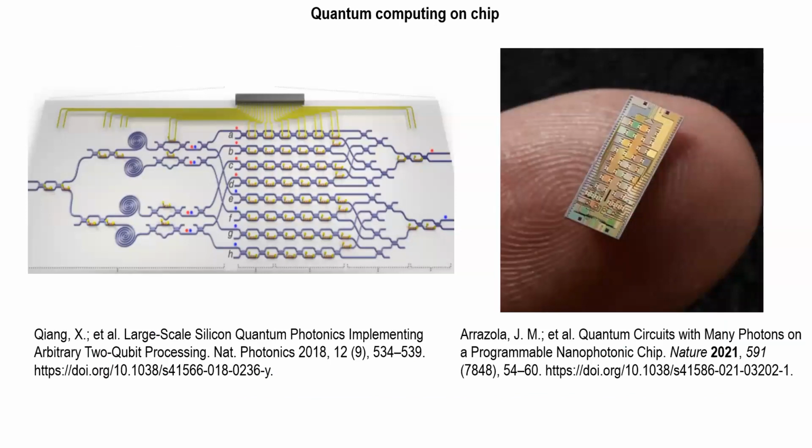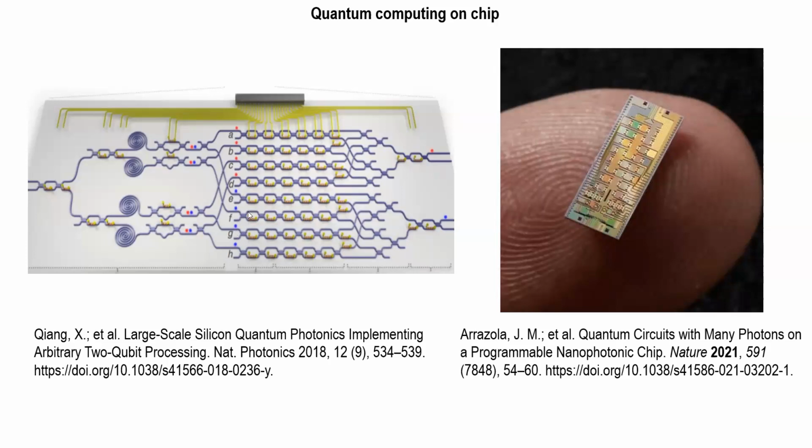All right, and of course, using integrated optics, we can put the quantum circuit on a chip. For example, this work published in 2018 demonstrates an example of a simple photonic quantum chip with multiple interferometers and couplers.